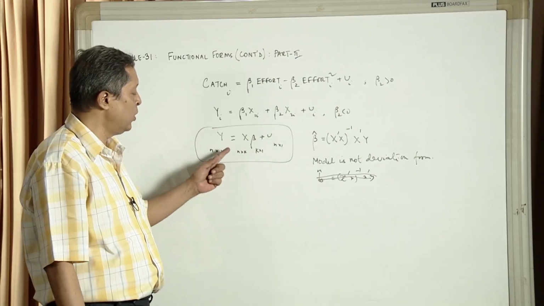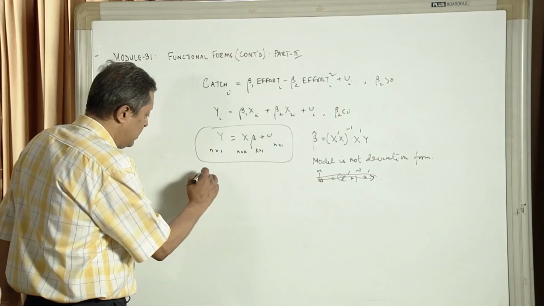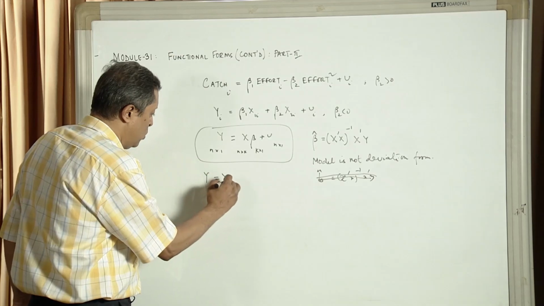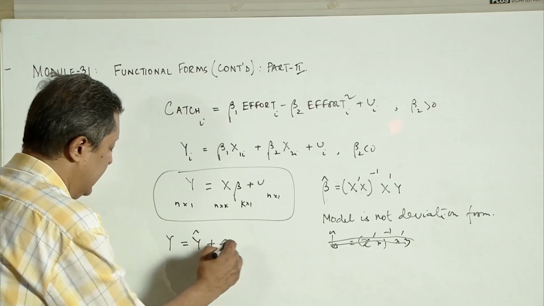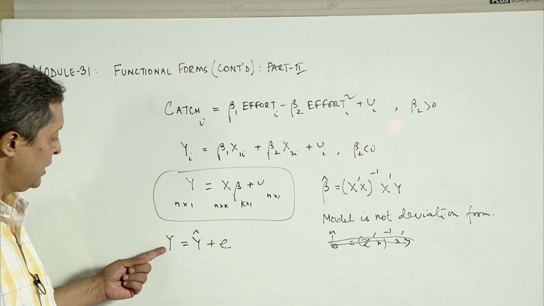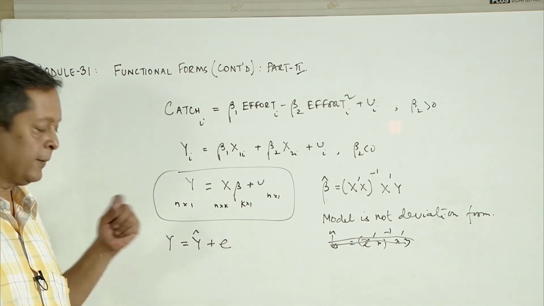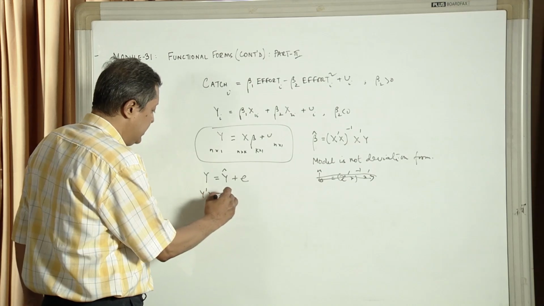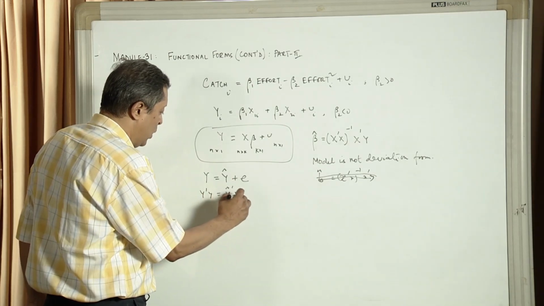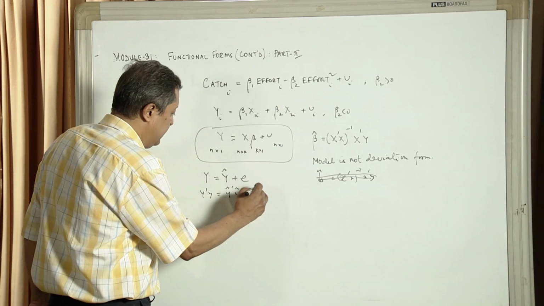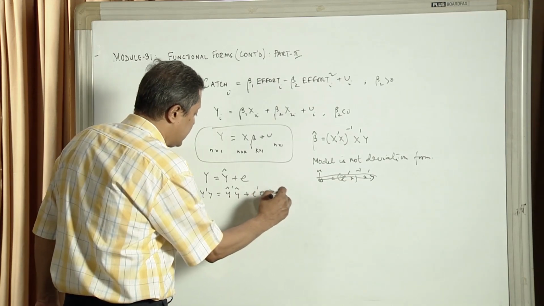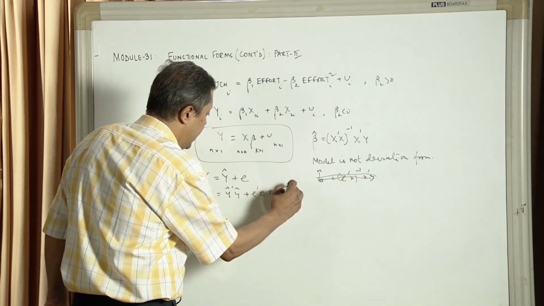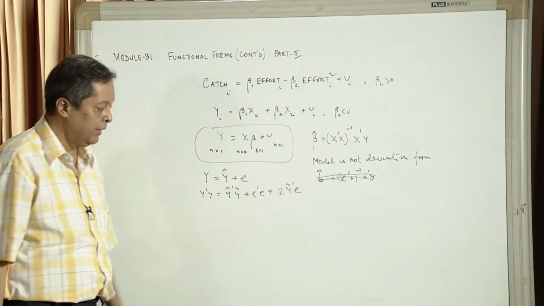Another interesting thing about this is, now we write y is equal to y hat plus e, that is basically observed is equal to estimated plus error, and y prime y is equal to y hat prime y hat plus e prime e plus twice y hat prime e as earlier.